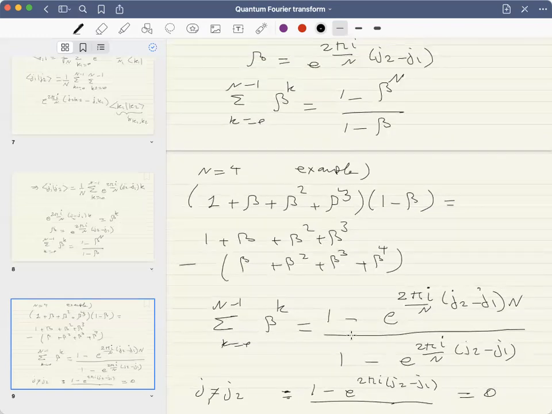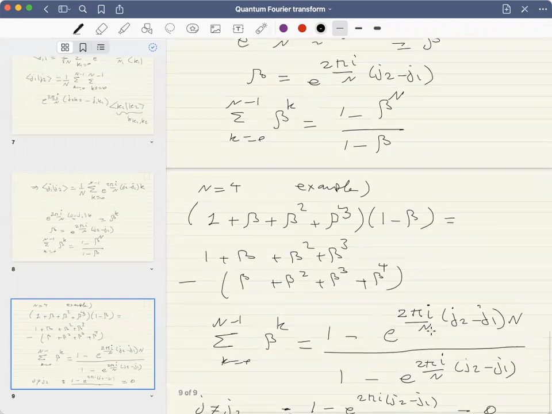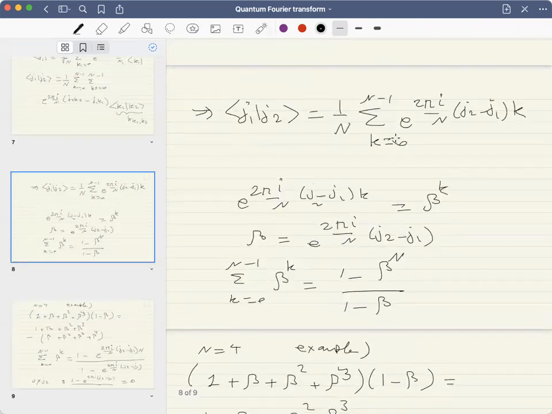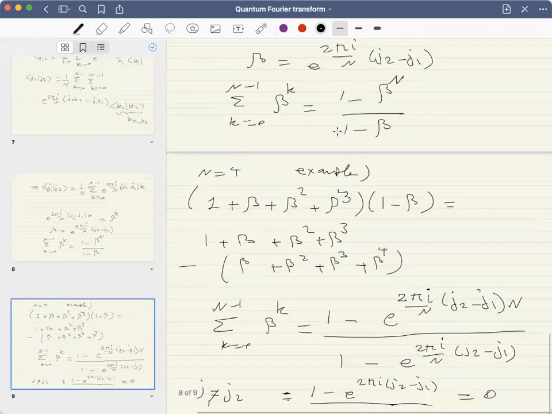It gives me 0. The reason I said j1 not equal to j2 is that when j1 is equal to j2, the denominator also becomes 0. So we're dividing 0 by 0, and it's kind of tricky. But in that case, it's clear what the sum is, because each of these will be e to the 0. So each of them will be 1. And then when I sum the ones, I have N terms. So I get N over N, and I get 1.